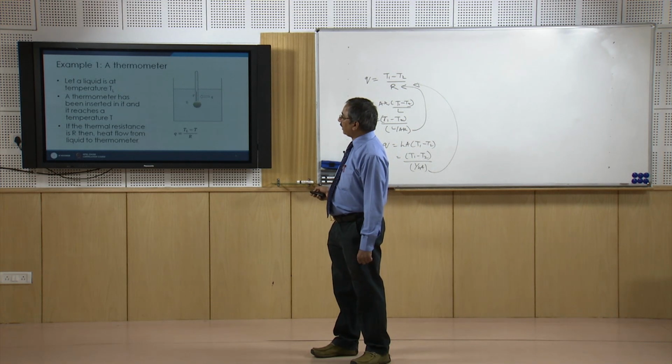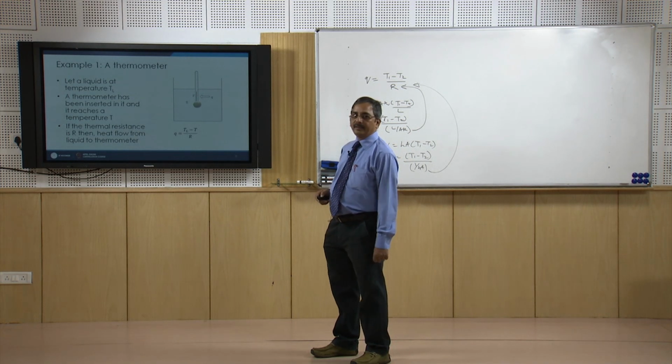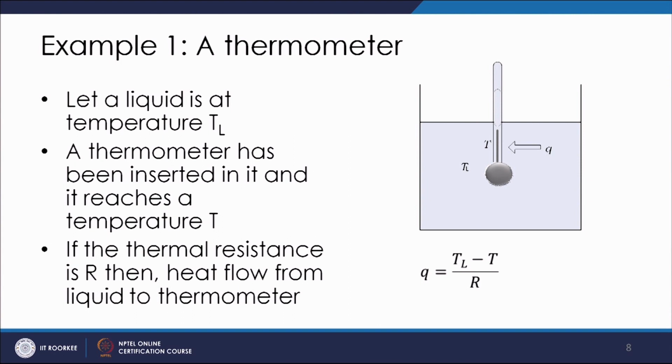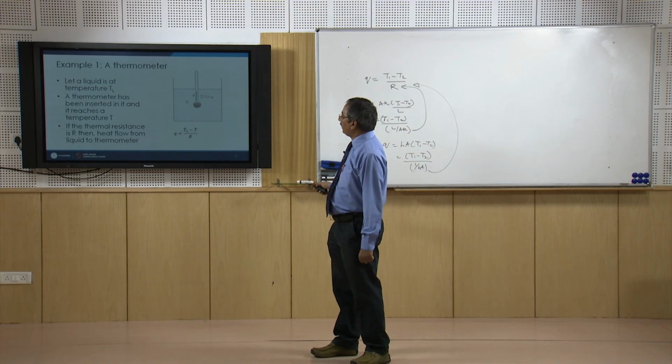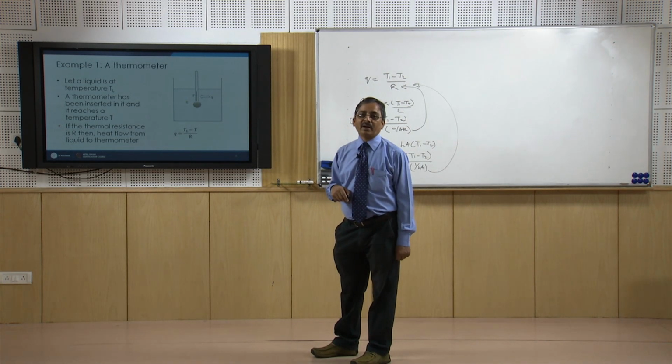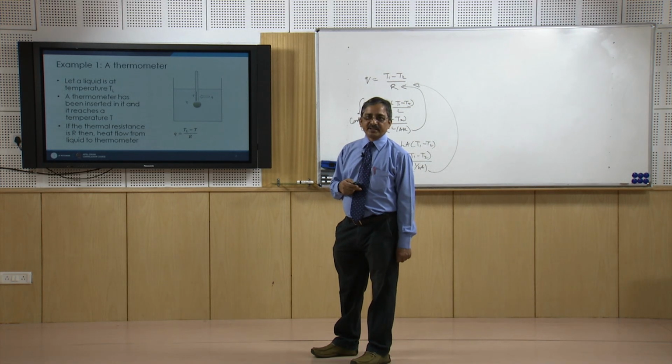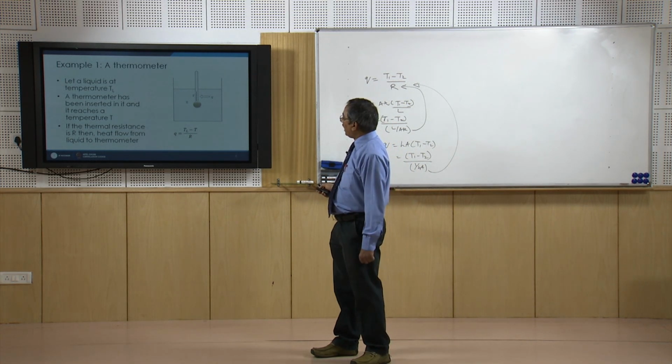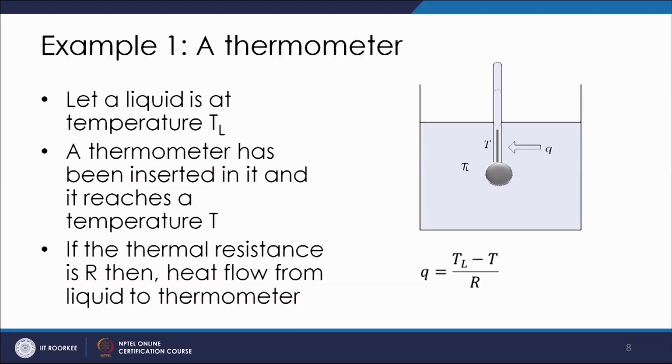Now, if the thermal resistance is R, then the heat flow from liquid to the thermometer can be given by Q is equal to (TL minus T) by R. This equation we got from the definition of the thermal resistance. Here R is the thermal resistance, Q is the heat flow from the liquid to thermometer, and TL minus T is the temperature drop.